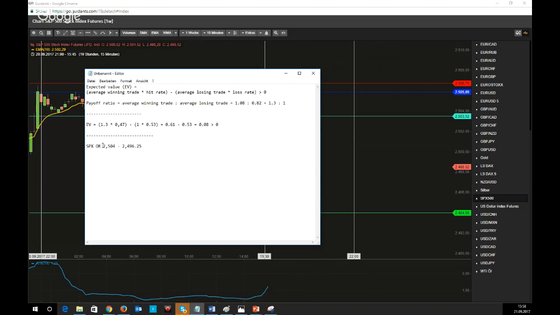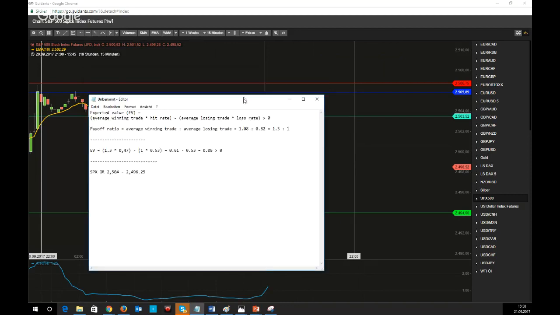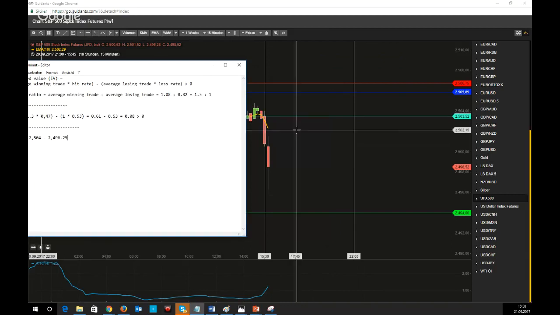So it's already bigger than 5 points, obviously. As you can see here, it's 7.75 points. And so far, obviously the market is trading below the 10 exponential moving average here.